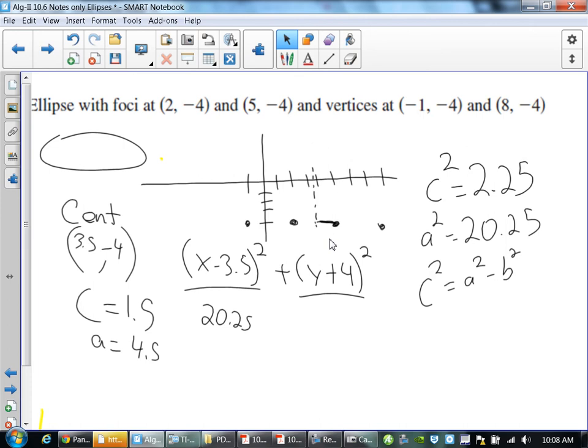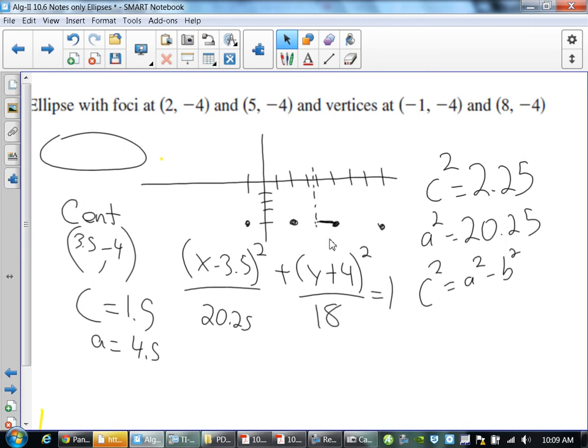Come on. Let's rephrase this. 18. Awesome. For the love of God, 2 1/4 is 20 1/4 minus what? 18.